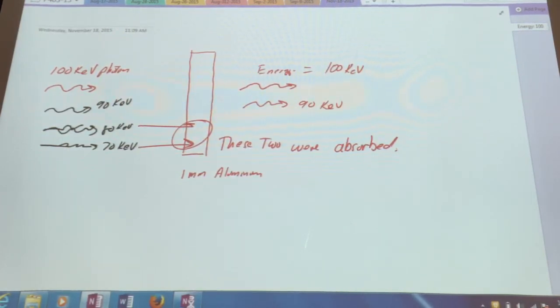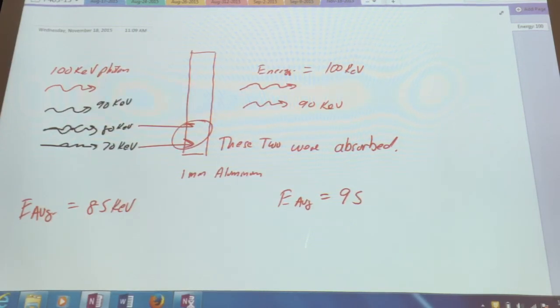The average going in is 85, and coming out it's 95. All right, what happened to our average energy?